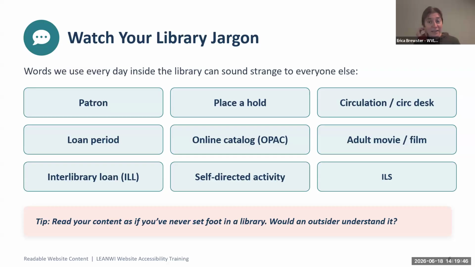Interlibrary loan, or ILL, self-directed activity, or worse yet, ILS. These are all terms, and I'm sure if you stop and think, you can probably think of a few more, that if you were not from a library background would probably sound a little strange. And as you're creating your website content, bear in mind that people may be coming with a completely different concept of what an adult film might be than what you really want them to be thinking about.